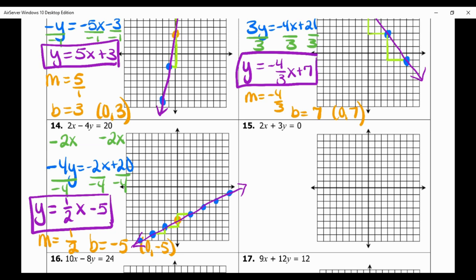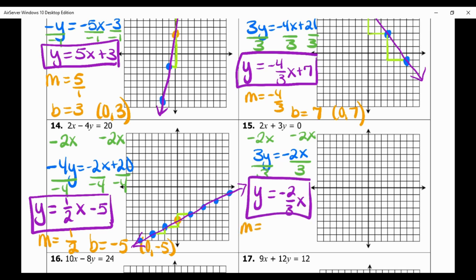Number 15, same thing, positive 2x, so we're going to subtract it from both sides first. In this example, there's no constant, so we're just going to divide both sides by 3. And we're left with y equals negative 2/3 x.